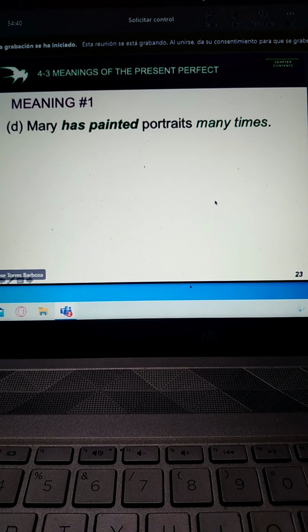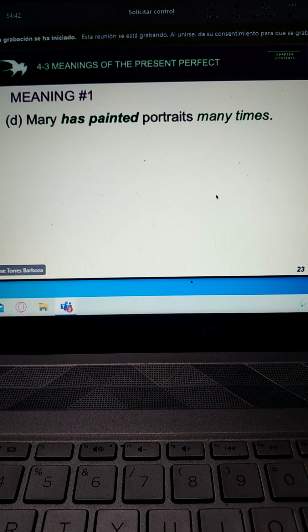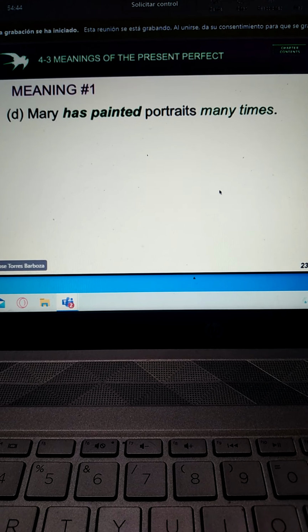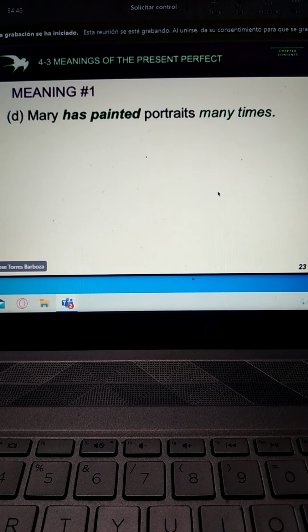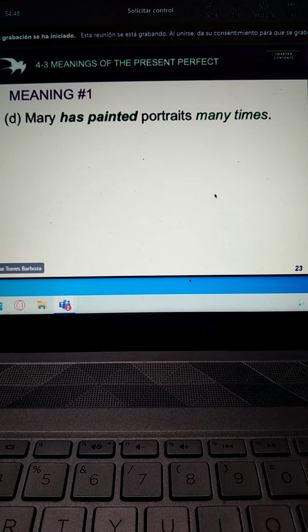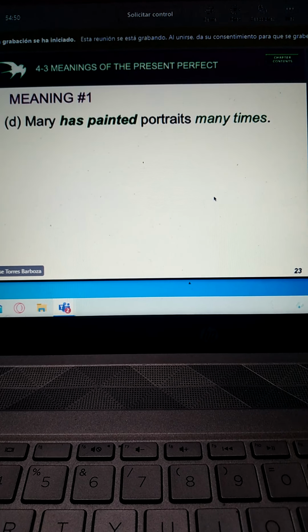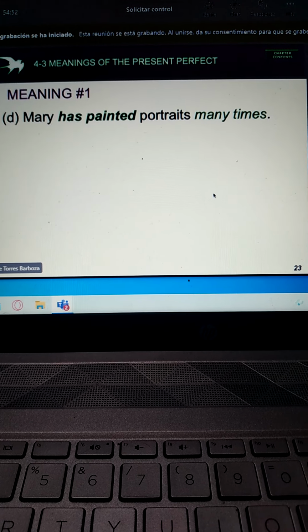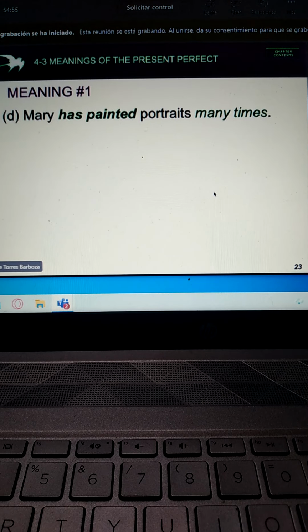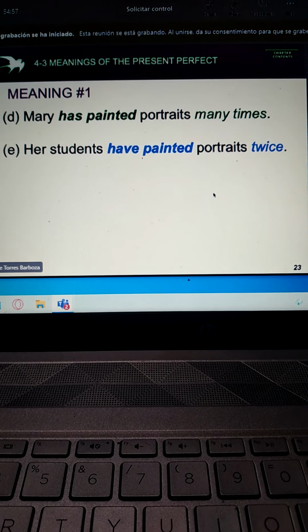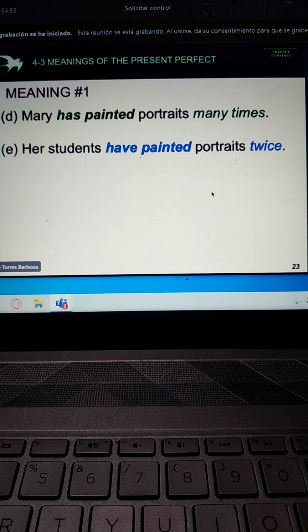Mary has painted portraits many times. That's still meaning number one. It means she began in the past and she still paints portraits. Her students have painted portraits twice.